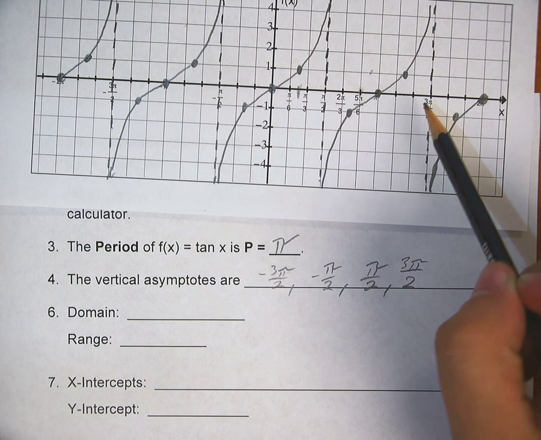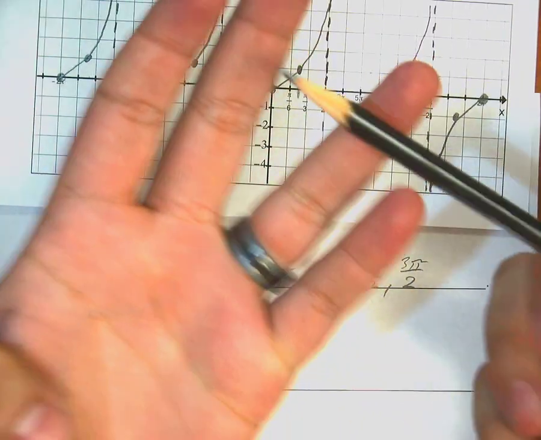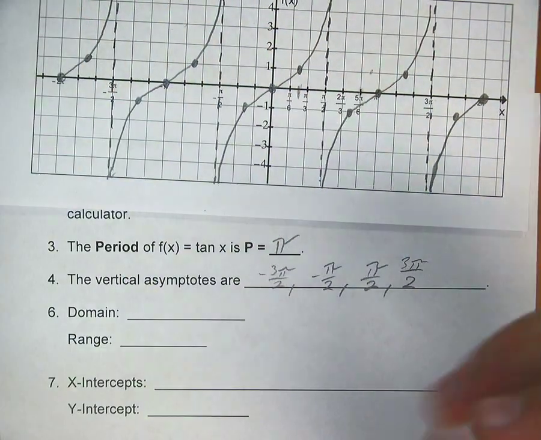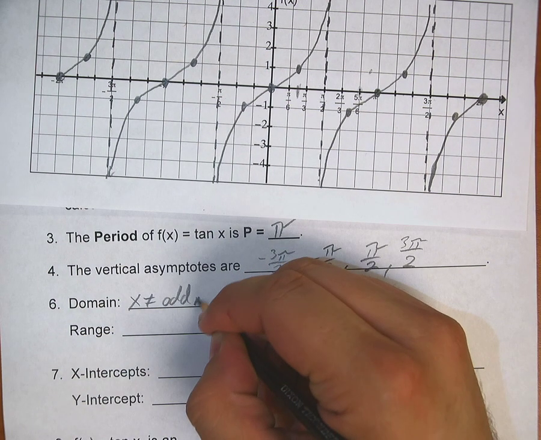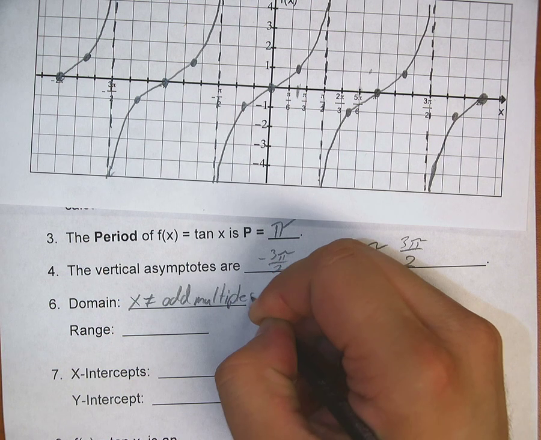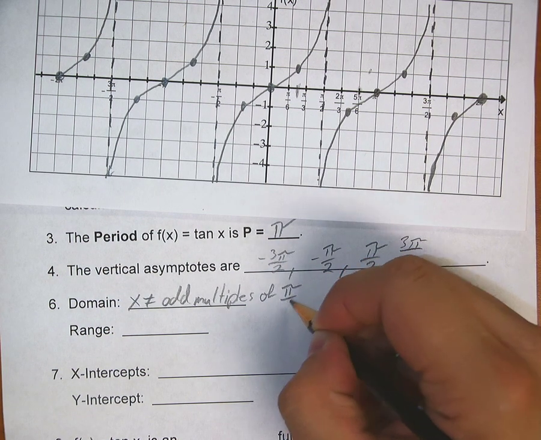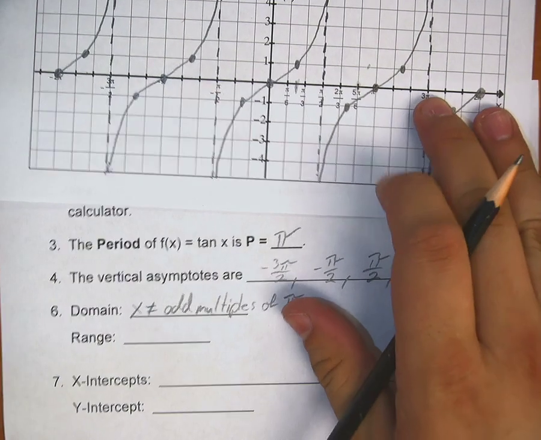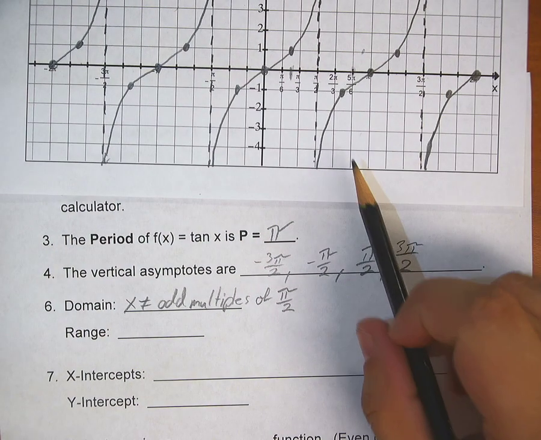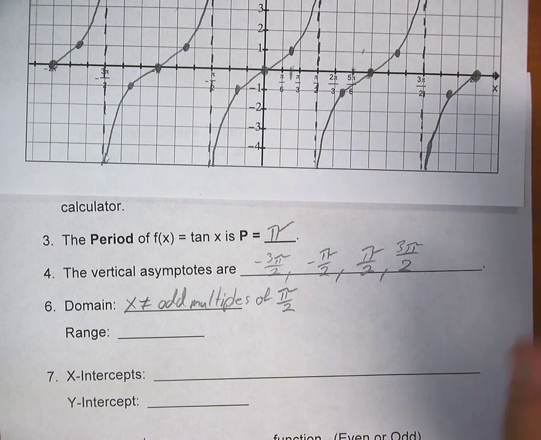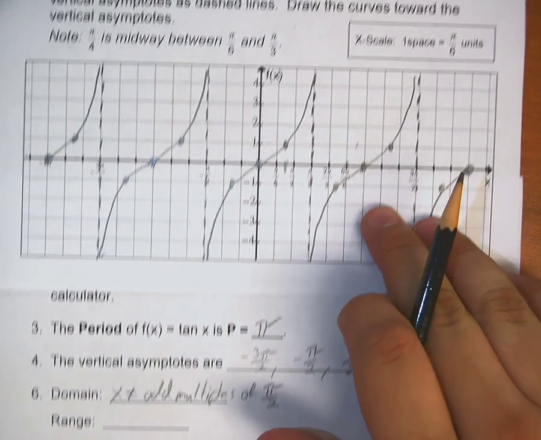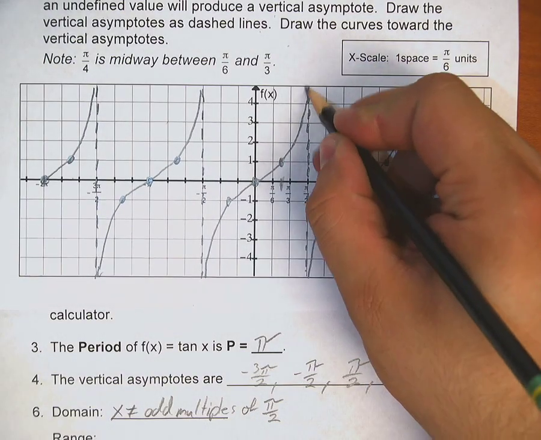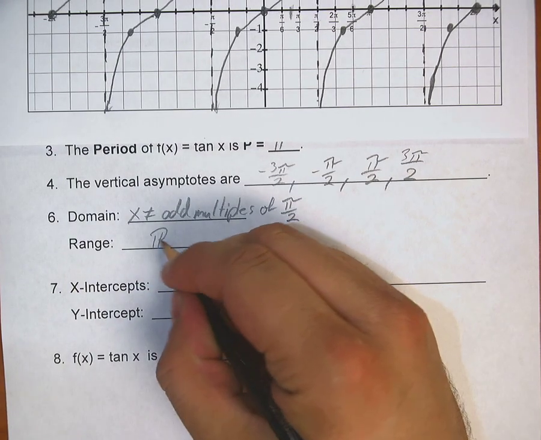And if I kept going, it wouldn't be 5 pi/2, 7 pi/2, 9 pi/2, 11 pi/2, all the odd pi/2. So x cannot be odd multiples of pi/2. It's kind of a weird idea, but you can't have those. But your range goes up to infinity and down to -infinity. So the range is all real numbers.